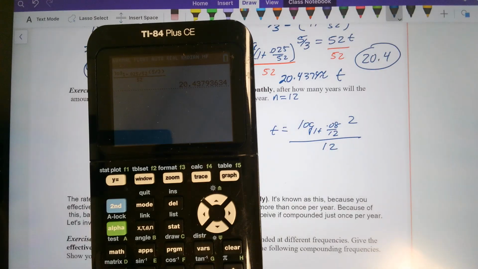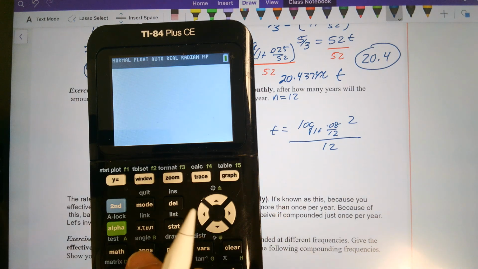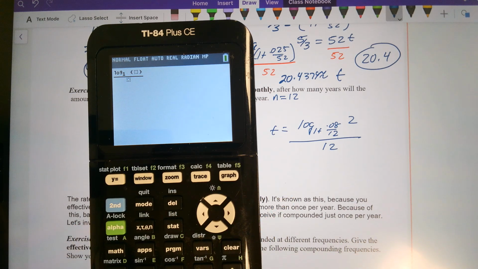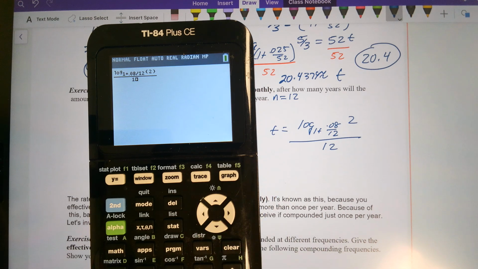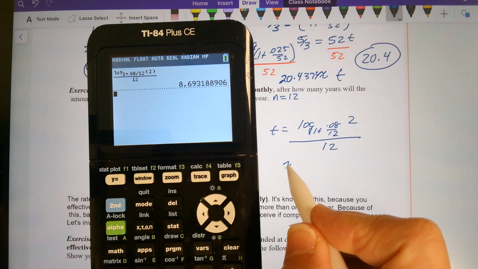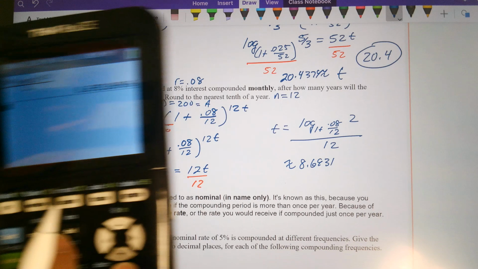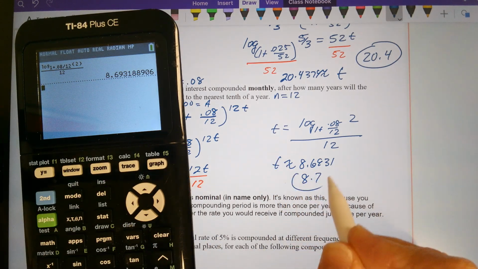Definitely use the fraction key on the calculator. 0.6931, to the nearest tenth of a year, 8.7.